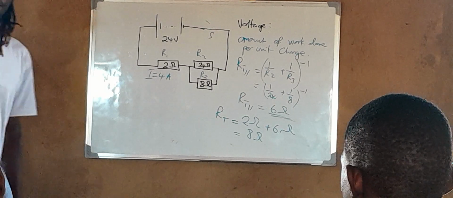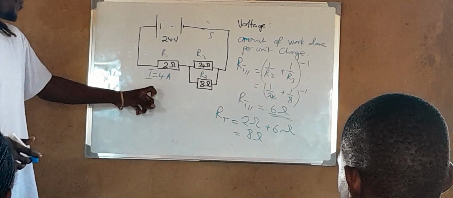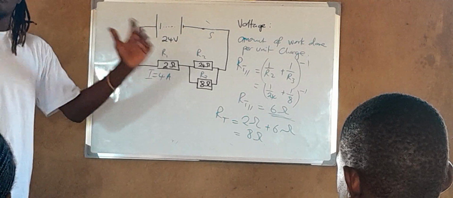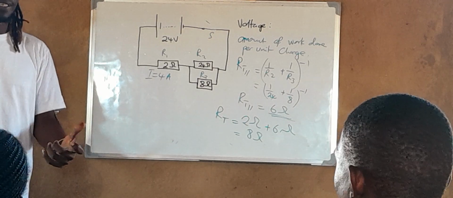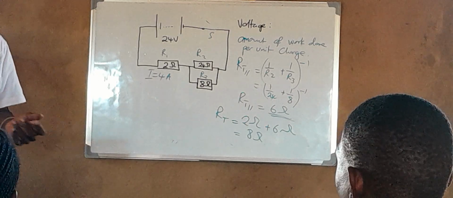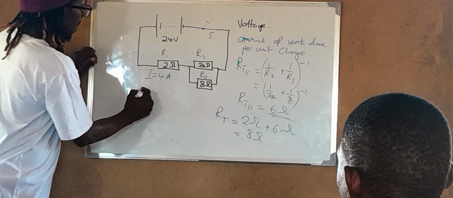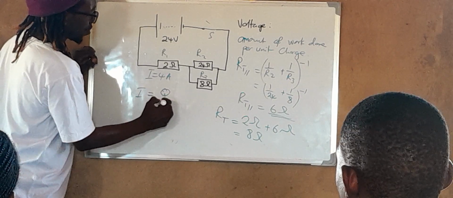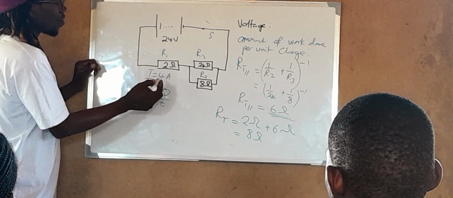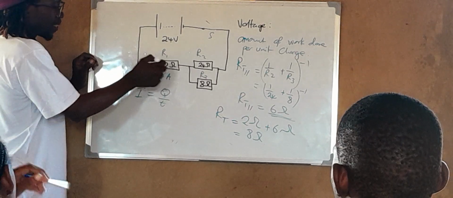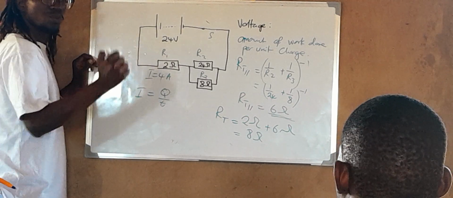2. So did you see that we did many questions and they were asking the same question? How many charges are passing? So by now you already know the formula, right? I is equal to Q over time, right? So they said the amount of charge passing through this in 2 minutes.